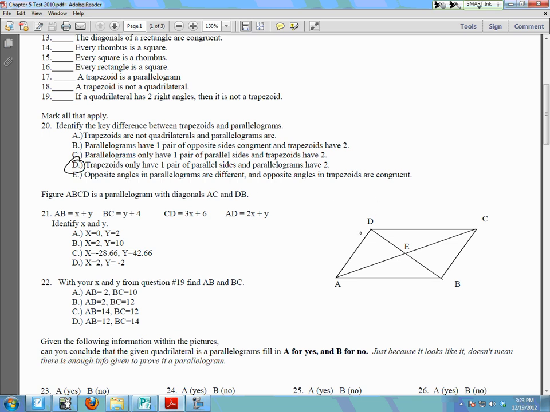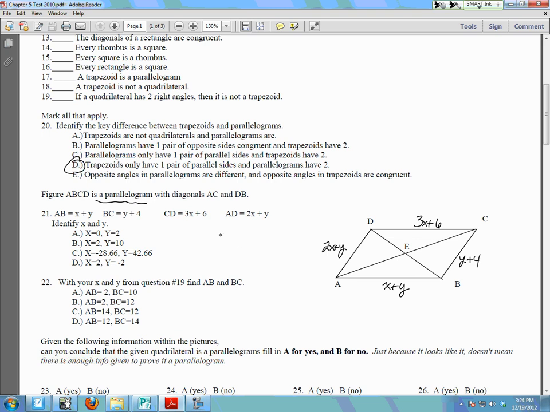21, best thing here to do is to go into your picture and draw in or write in what each segment is. AB is x plus y, BC is y plus 4, CD is 3x plus 6, and AD is 2x plus y. Now, we know it's a parallelogram, been told that, so we know opposite sides should be congruent.